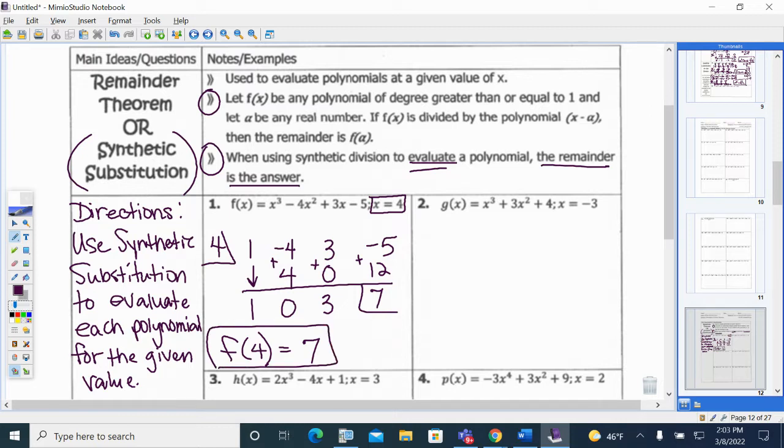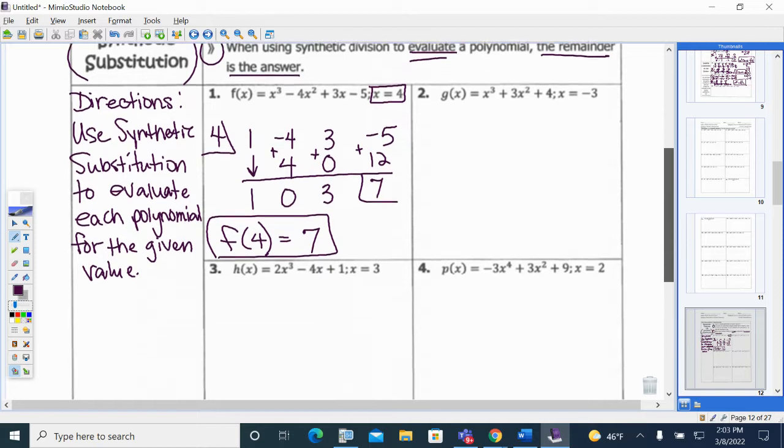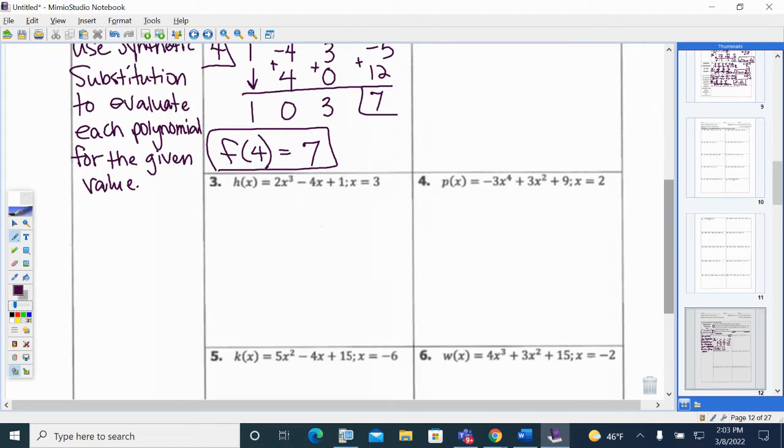Let's look at number 4. P of x is equal to negative 3x to the 4th plus 3x squared minus 9, plus 9. And I want to evaluate if x is equal to 2. So again, it already says x equals 2, so the 2 goes in your box.